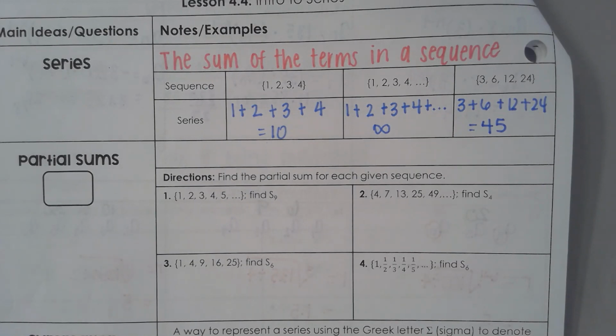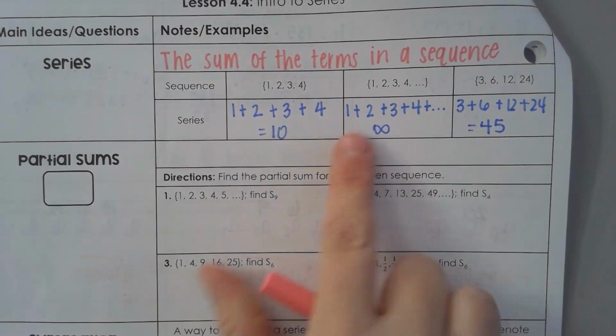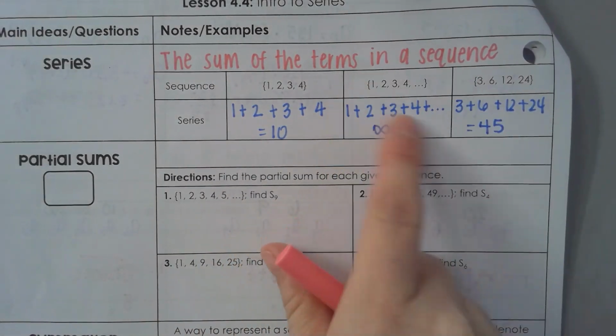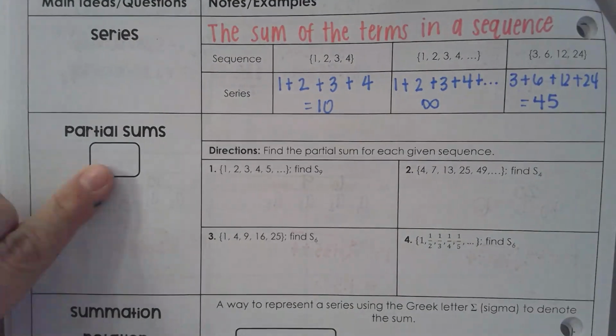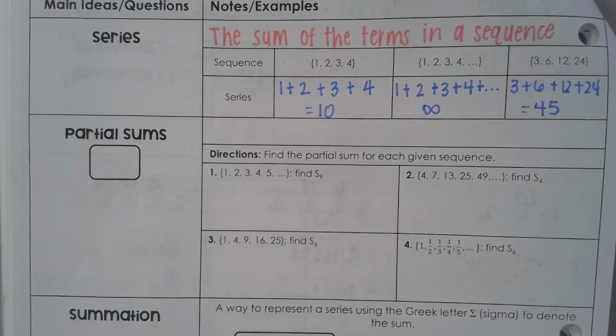So most of our sequences that you will see are going to be infinite sequences. So we do what are called partial sums, which means we find the sum of part of it.